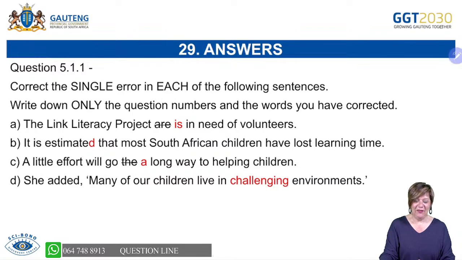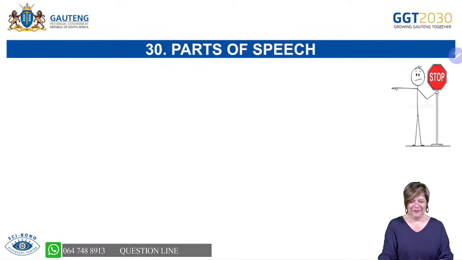And she added, many of our children live in challenging, obviously a spelling mistake. There you go. Can you see how easy it is, especially if you know what to look for? But reading it aloud, which you obviously can't do in the exam, but read it aloud in your mind, if that makes sense. Now, I'm going to run through a few things I know you know, but might have forgotten.